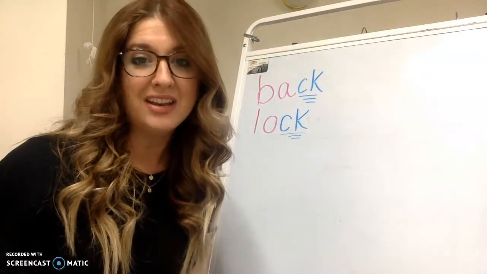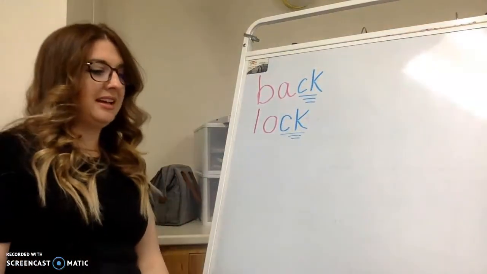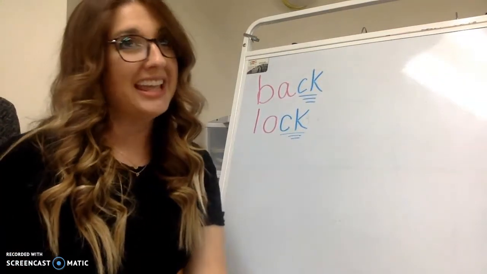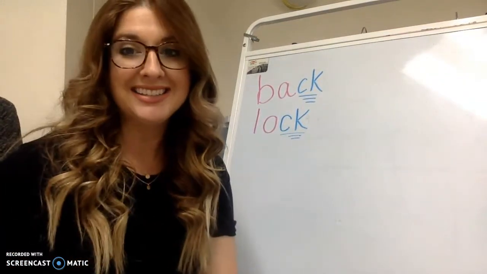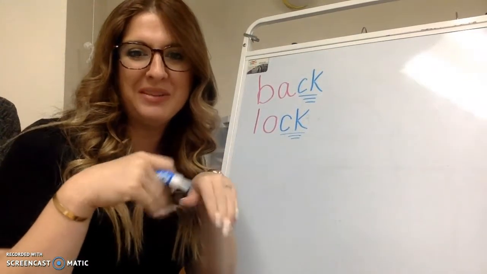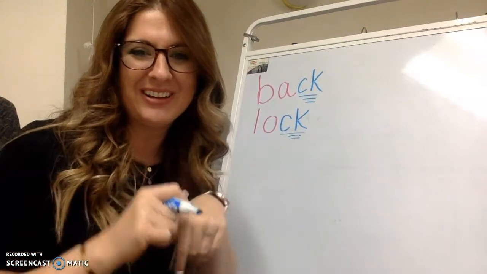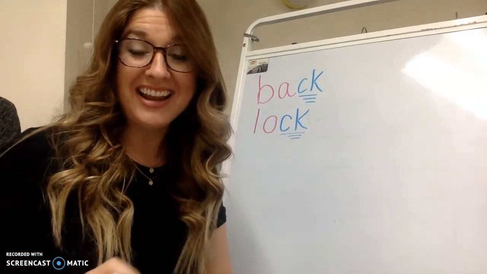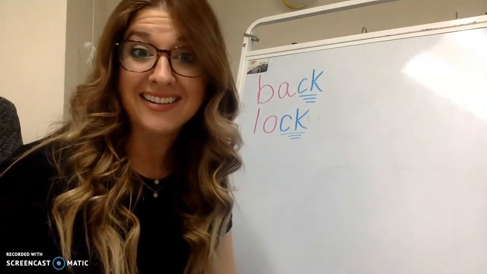Now, I have another word that I'm thinking of. This is actually an animal. It's an animal that flies and swims. It has little webbed feet and it can swim under the water and float on top of the water. That's right, I'm thinking about a duck.